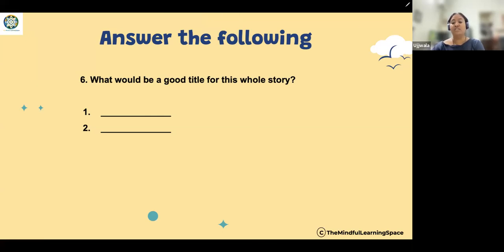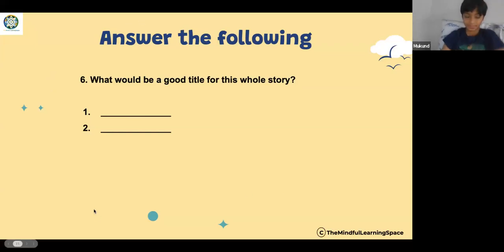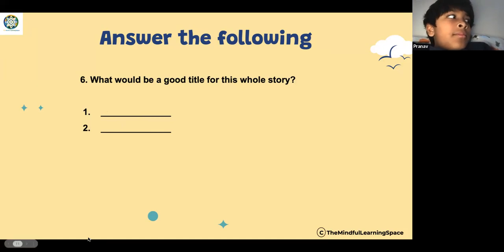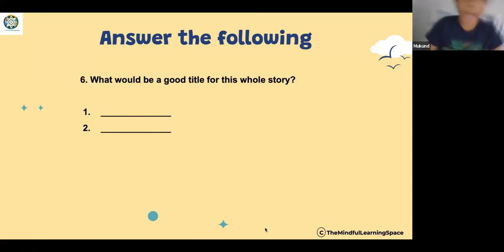What would be a good title for the whole story? Think. Weather report. Okay. What do you think, Prakul? Be quiet, Pranav. Yes, Pranav? A good title would be Storms.